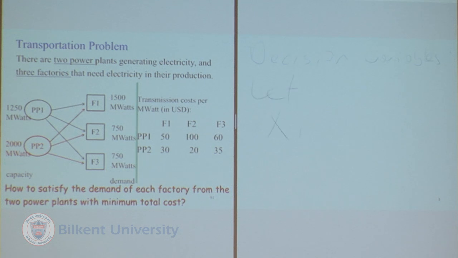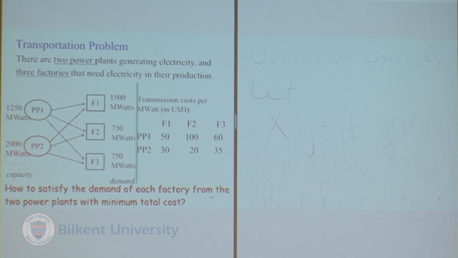Let Xij be the number of megawatts of electricity from power plant I to factory J. In this case, you have to tell where I is coming from.